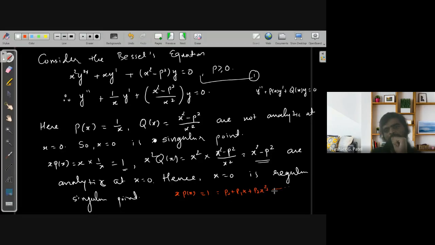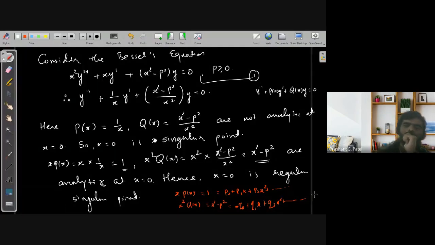So this is the power series. So we can say that p0 is 1, and for x square q of x, we have x square minus p square, so I can compare with q0 plus q1 x plus q2 x square and so on. I can say that q0 is minus p square, q1 is 0, q2 is 1, and all the rest are 0.